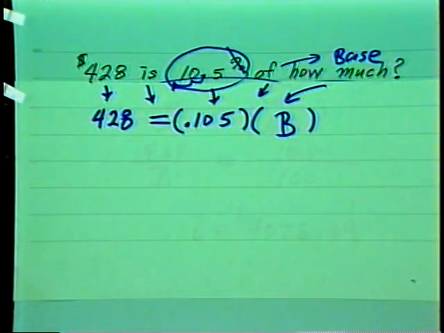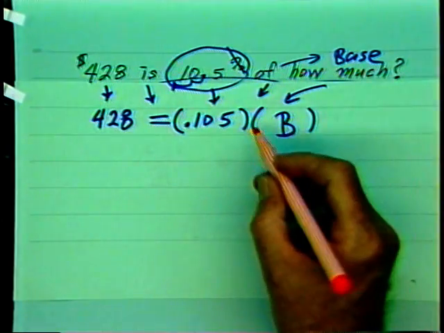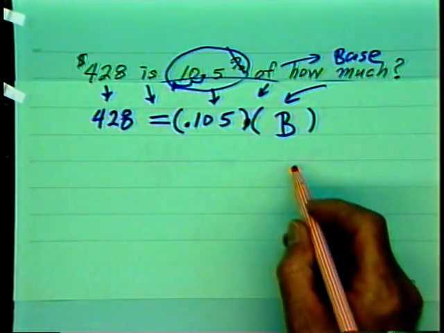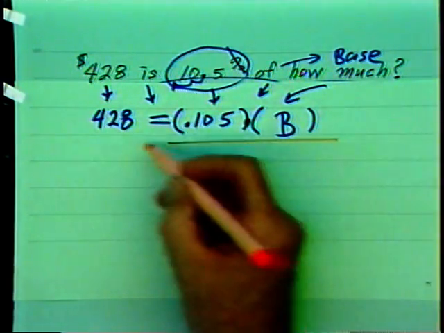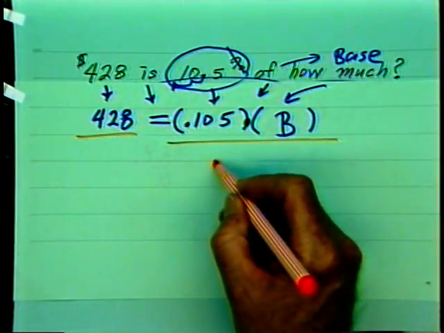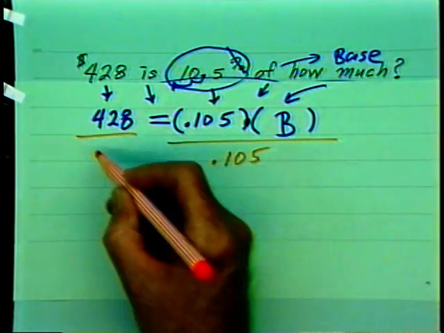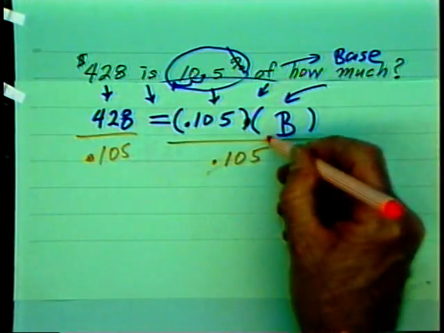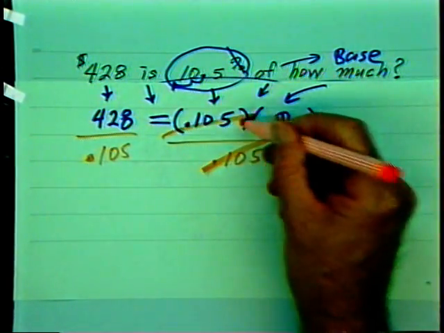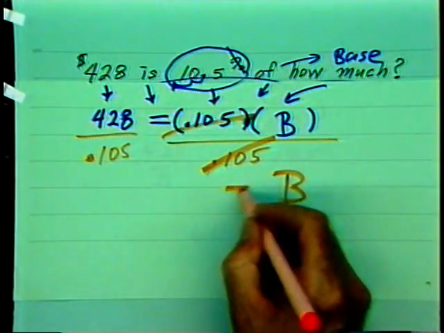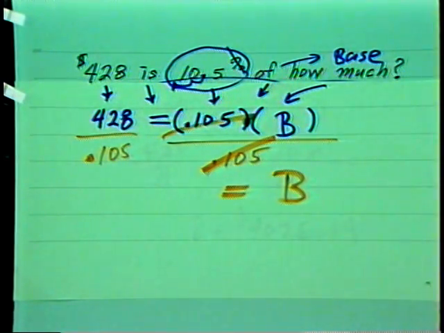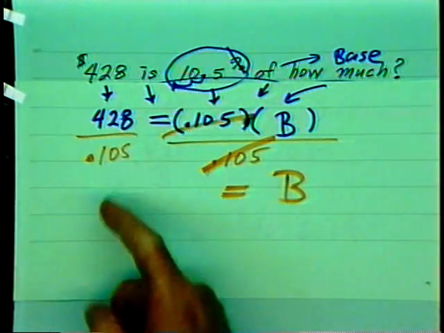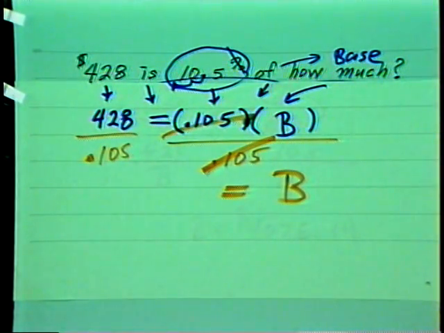And you can see from our algebra review portions that to undo multiplication, you divide by whatever you were multiplying by, of course, but you divide both sides by the same amount. This undoes this, isolating the variable. Now on your calculator you just follow through with this, and of course you'll get exactly the same answer.